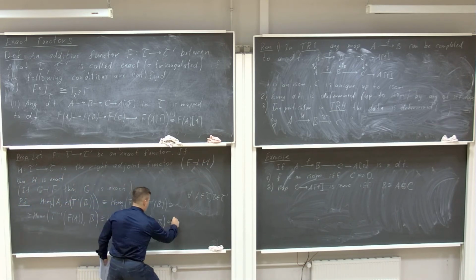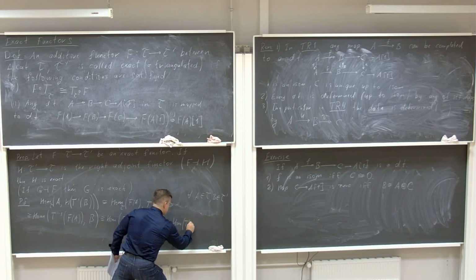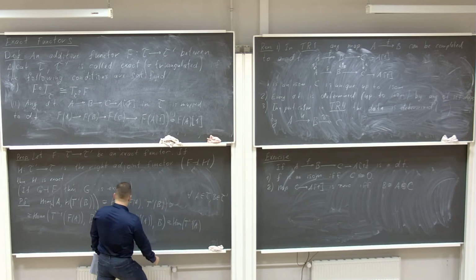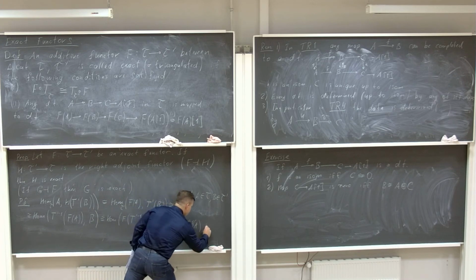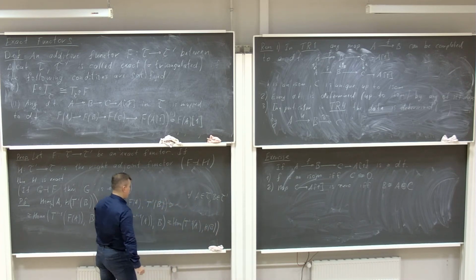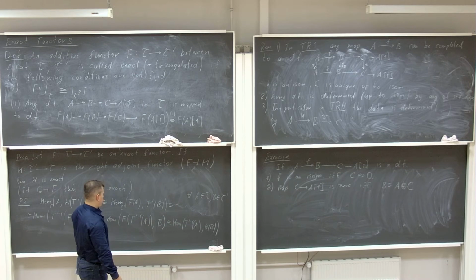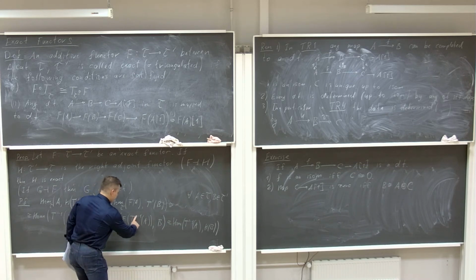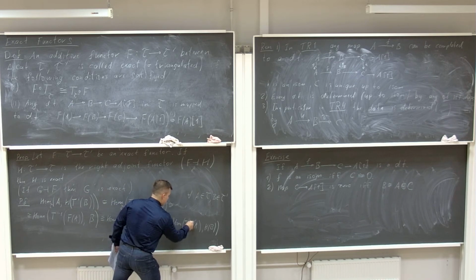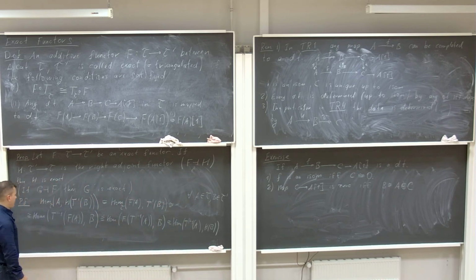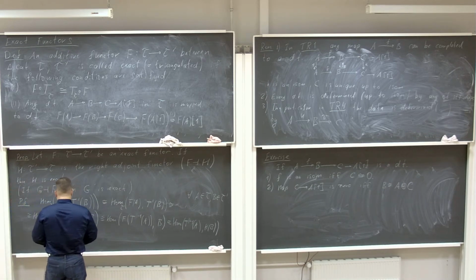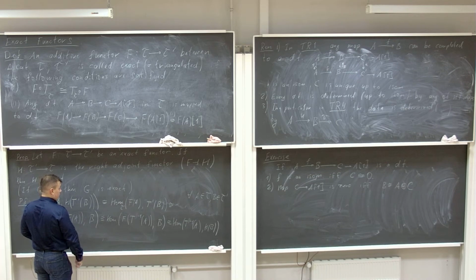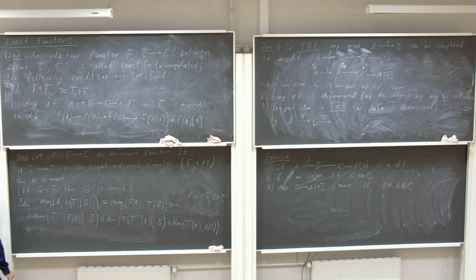So this will be Hom between T prime inverse of A and H of B. Yes, so this is T. And finally, the last step is just to take this T inverse, use exactly the same argument that T is an equivalence of categories, and move it back to the right.